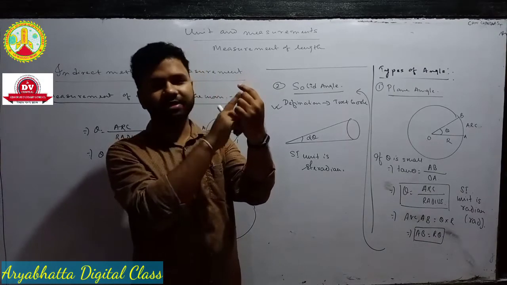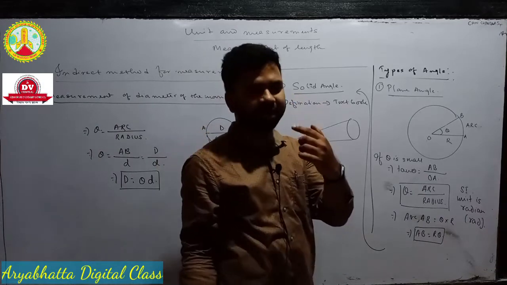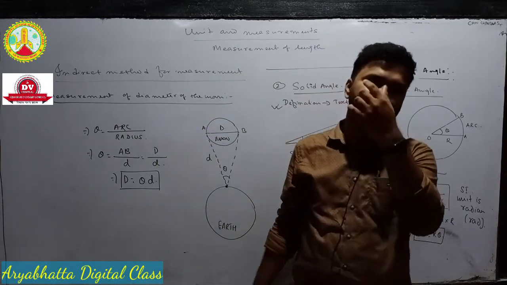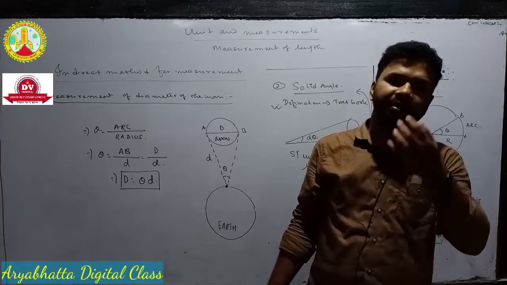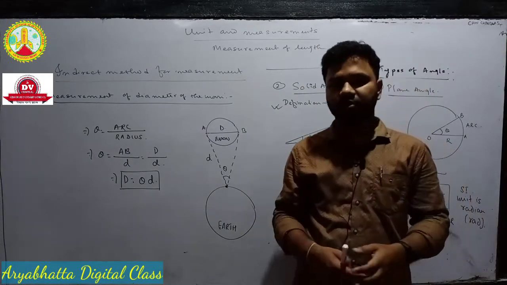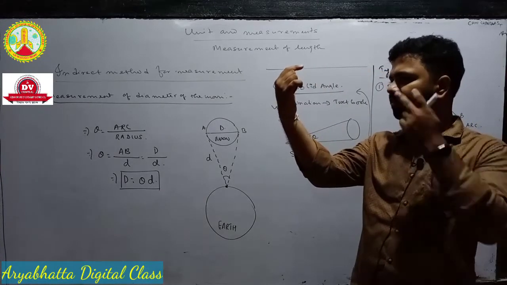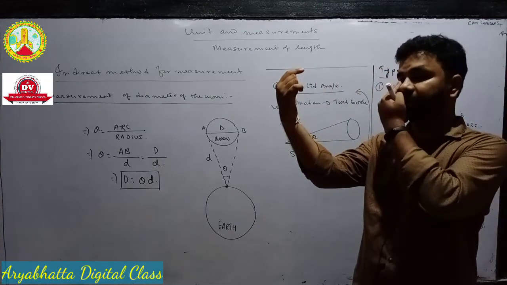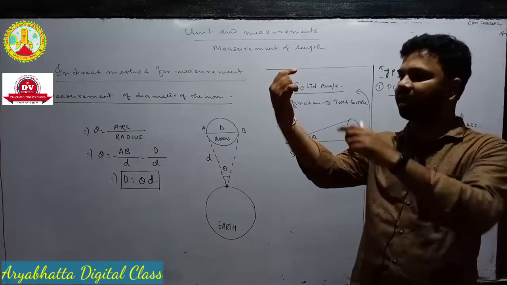You will find that there is a shifting in the position of this finger. And why this shifting? Actually that shifting is the distance between the two eyes. आप देखो ये पूरा यहाँ पे है, ठीक है. तो मैंने इसको ऐसे देखा, फिर ऐसे देखा, तो there will be a shifting. That shifting is nothing but the distance between the eyes.